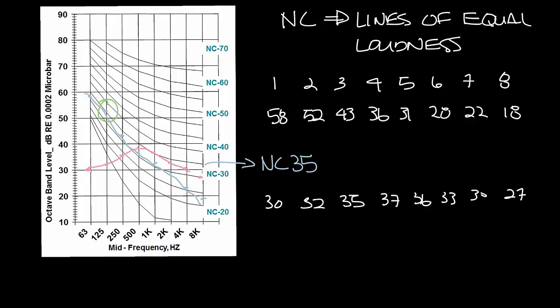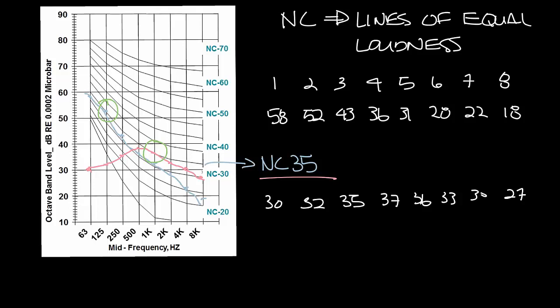And we'll connect these dots. Now you can see that this is tangent right here to the NC35 line as well. So both of these are NC35 sound curves, but they're going to sound very different. The loudness of the blue line is going to be driven by these low frequencies, and the loudness of the red line is going to be driven by the higher frequencies.